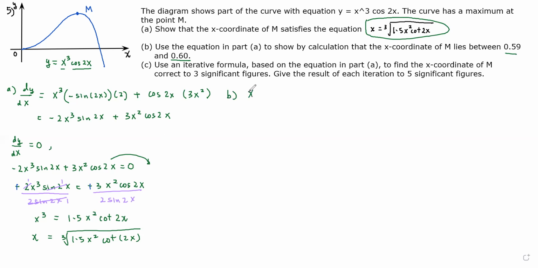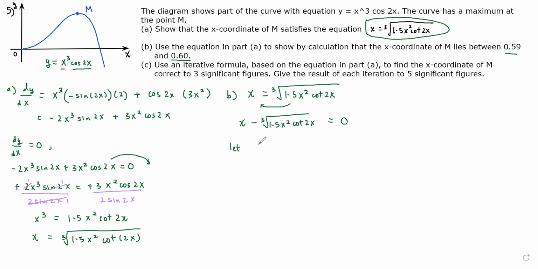Suppose x is the cube root of 1.5x squared cot 2x. Move this over and we have x minus the cube root of 1.5x squared cot 2x equals 0. So we need to show that the zero of this function is between 0.59 and 0.6.